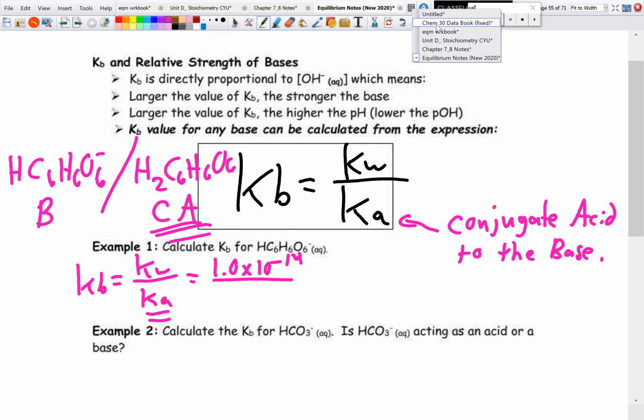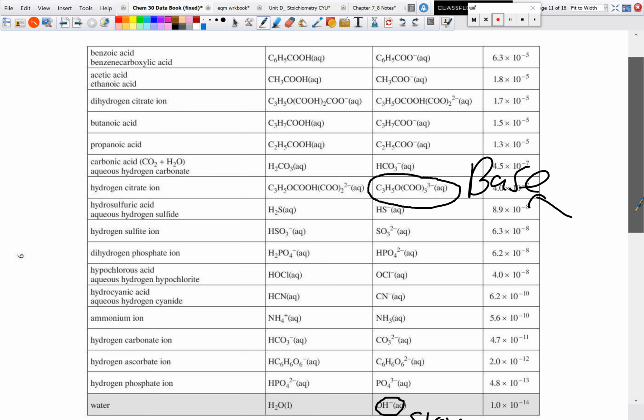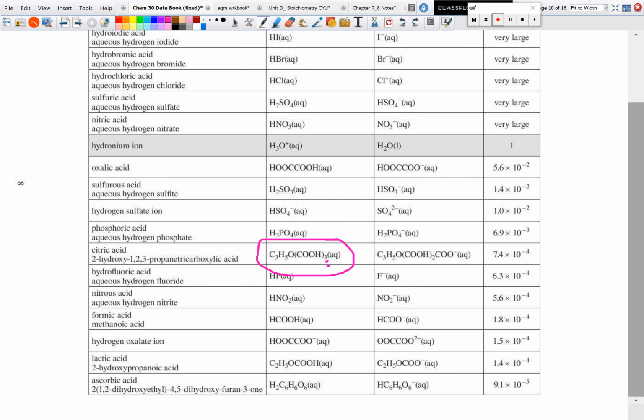So we go to our data booklet and we try to find it. And of course, when you do your searching, you should find it. Hold on one second. I think it's on the next page. Here we go. So this right here, conjugate acid, right?